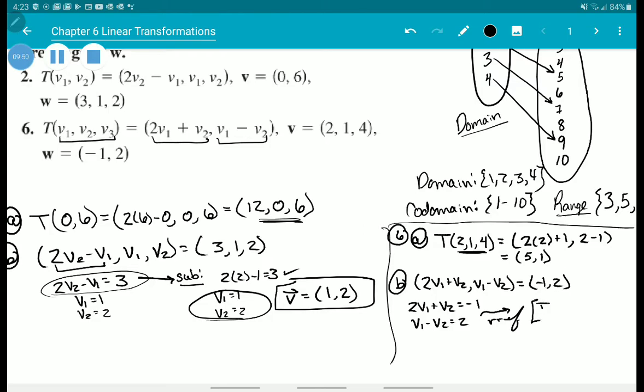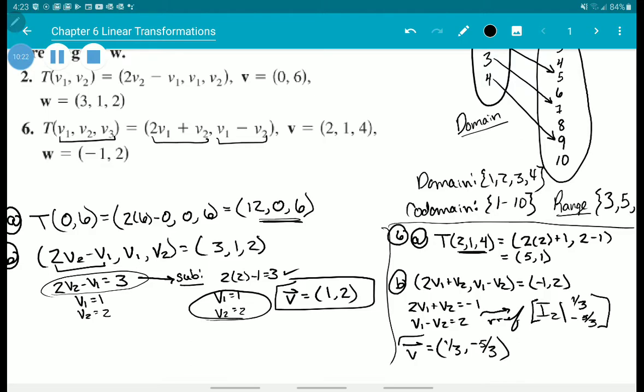Solve. I got 1/3 and negative 5/3. So that tells me my v1 and v2 would be 1/3 and negative 5/3.